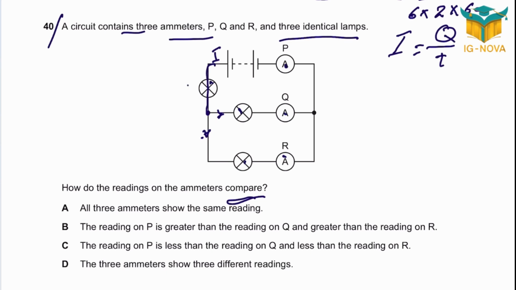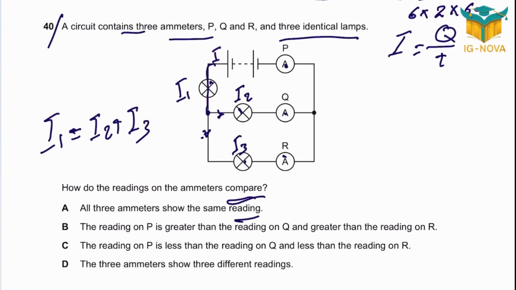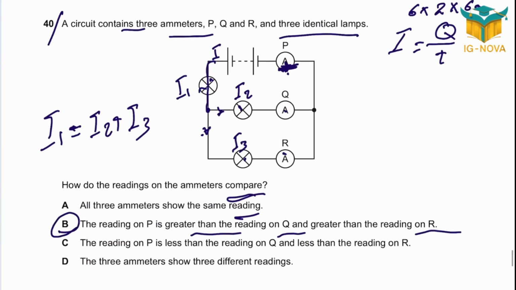So if I1 is passing this first lamp, and here is I2 and I3, we're going to see that I1 equals I2 plus I3. Do all 3 ammeters show the same reading? Surely no. The first ammeter at P will read the summation of Q and R, more than them. The reading of P is greater than the reading of Q and greater than the reading of R. Yeah, that is the correct option.